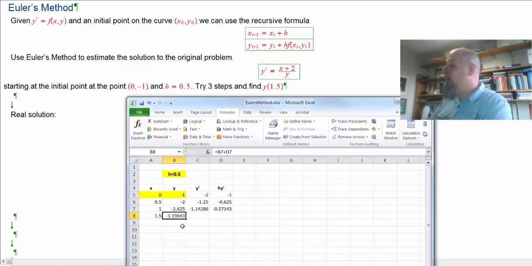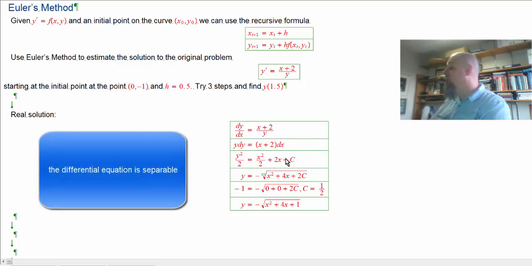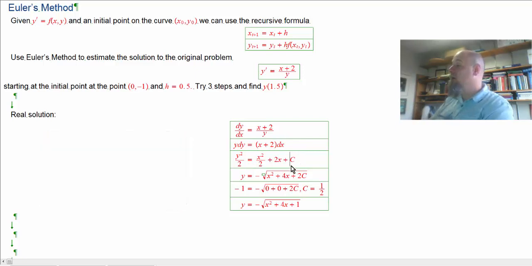How accurate is that? Well, in this instance, we can actually solve this. Let's get the real solution. So here I am getting the real solution. I'm using separation. I multiplied up the y, multiplied up the dx, integrated both sides, the y side with respect to y, the x side with respect to x. I'm using that separable technique. There's the constant. How do I figure out the constant?